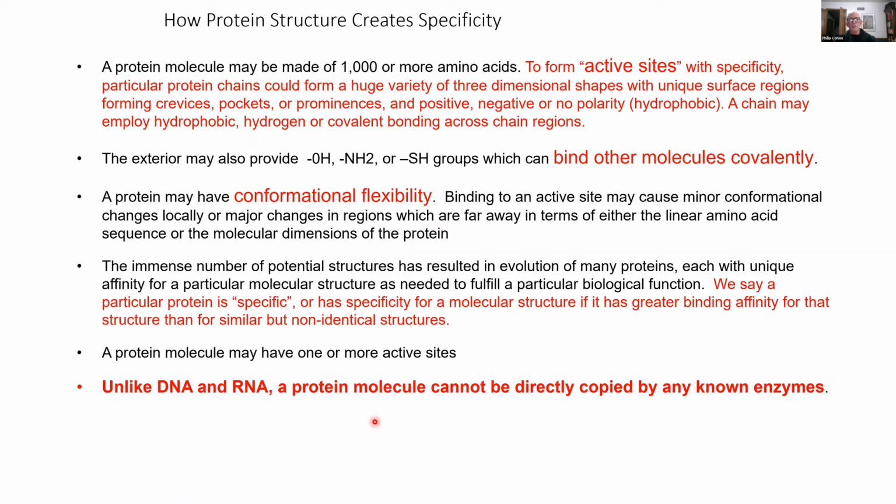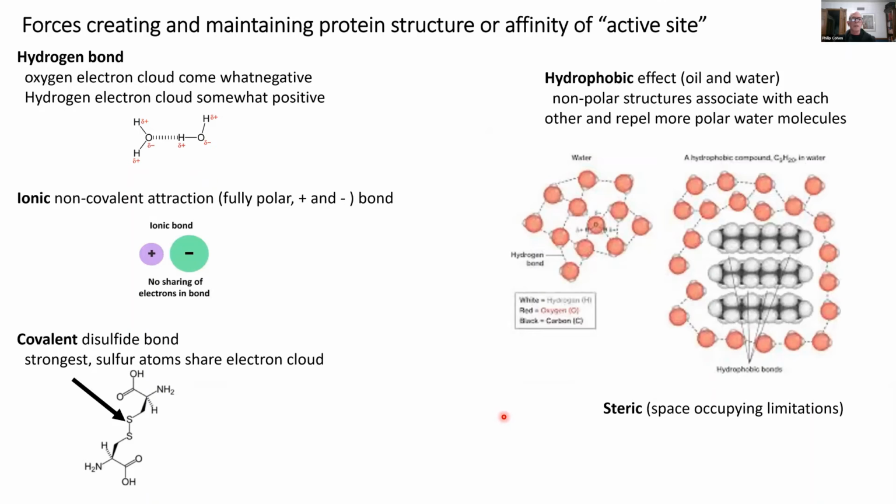You can't do that with a protein molecule. There are no known enzymes that can just take a protein molecule separate from the cell and make a copy of it. And if you think about the different structures of the amino acids, that's part of the reason.